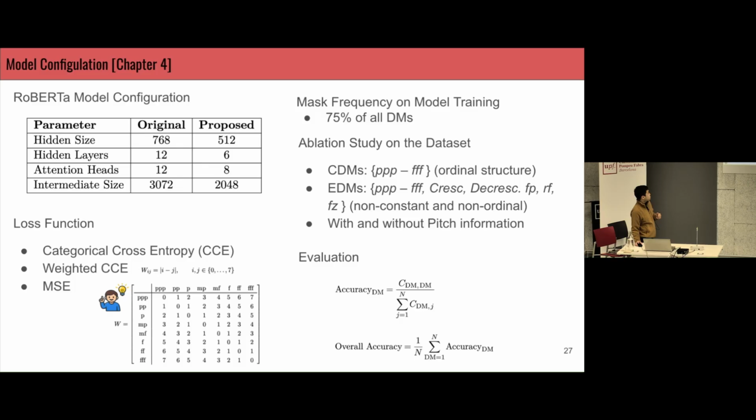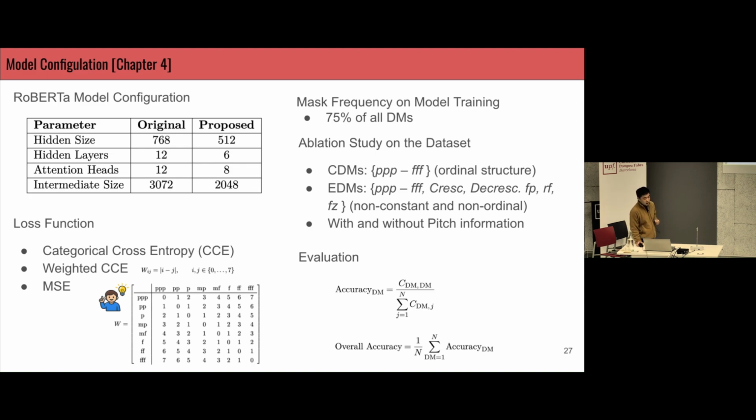So if the ground truth is pianissimo, and fortissimo is predicted, a penalty of 7 is applied to the loss function, like token distance. And MSE, coming from mean square error, is also from the same idea, penalizing the model based on the estimation distance. So these three loss functions are tested.